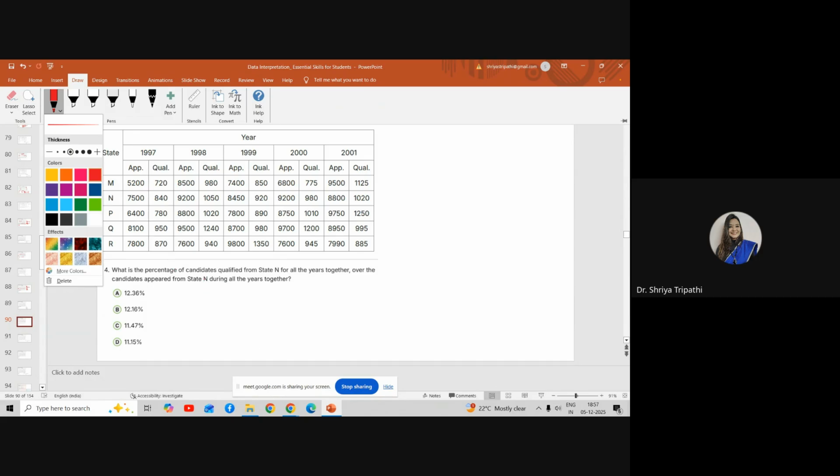What is the percentage of candidates qualified in N in all the years over the candidates appeared for state N? Same, just the calculation, be a little quick.